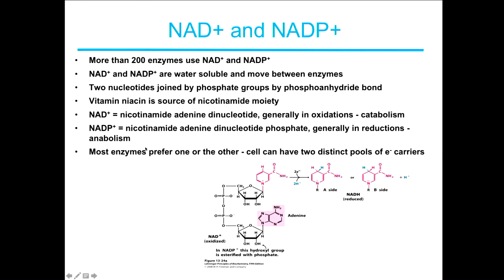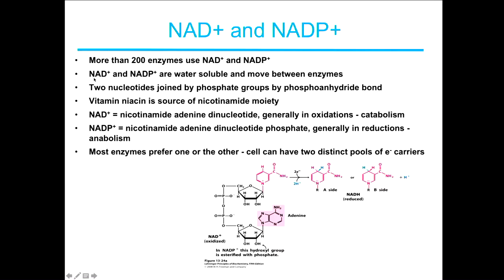Okay, so a really common molecule. It's actually two molecules, NAD and NADP. More than 200 enzymes use them, and as we've been doing genome sequences and metabolomes, that is millions and millions of genes now. This number is of course much greater, but if we think about humans and other mammals and bacteria and everything, we have over 200 known that use NAD and NADP.